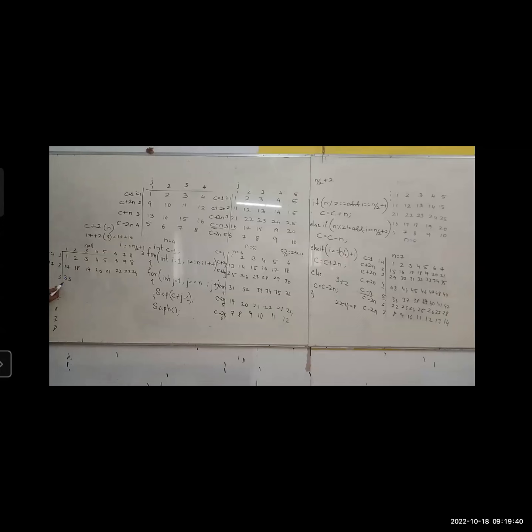Anything, I have written, but some doubts here. So it is C equals 33, and 34, 35, 37.